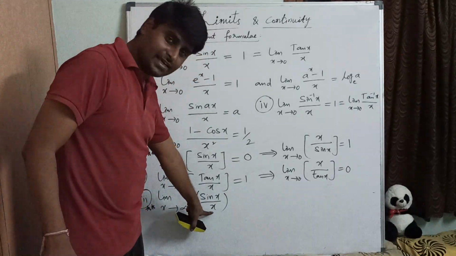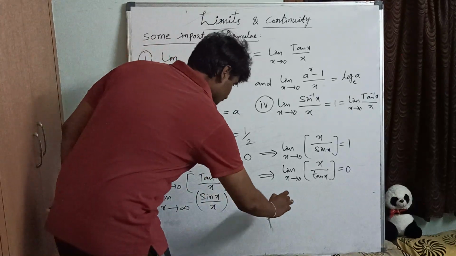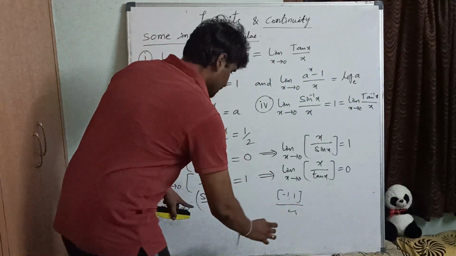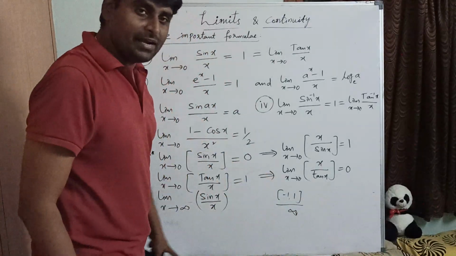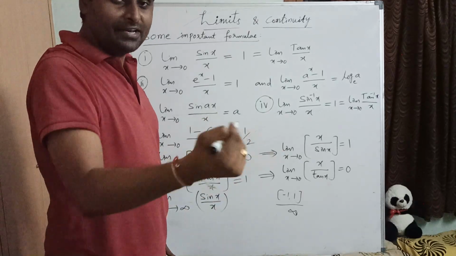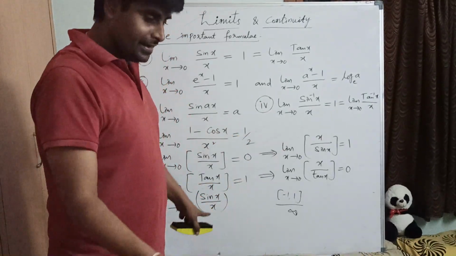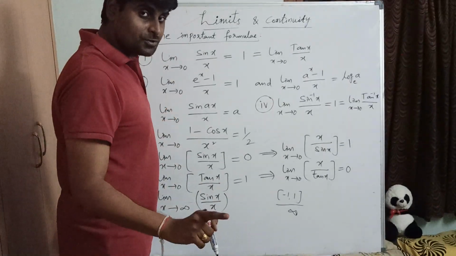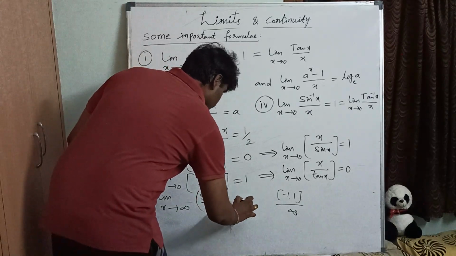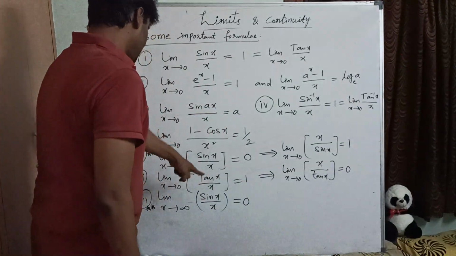When you substitute infinity in the denominator, it is a finite quantity between -1 and 1 divided by infinity. Some quantity by infinity, 2 by infinity, 3 by infinity, any quantity by infinity gives you 0. Correct? It's very easy to observe, understand and remember. So it is equal to 0.